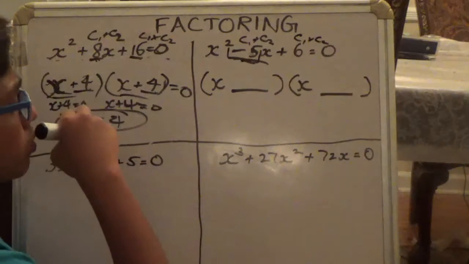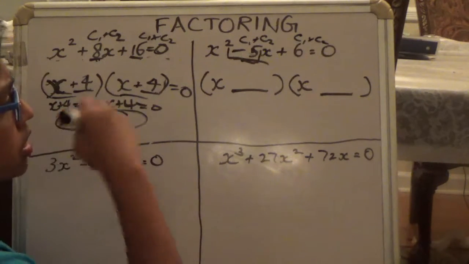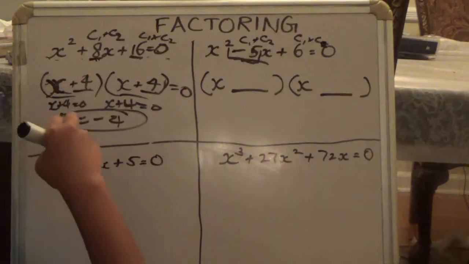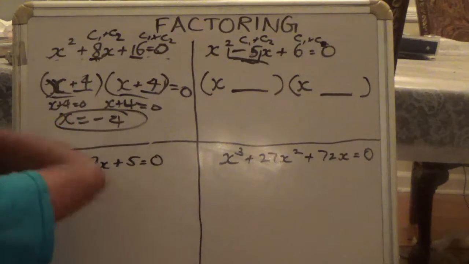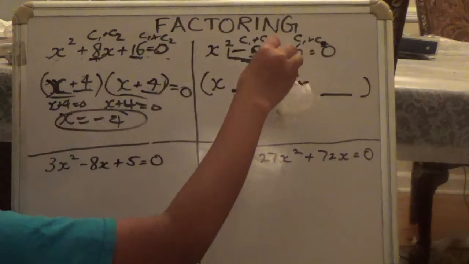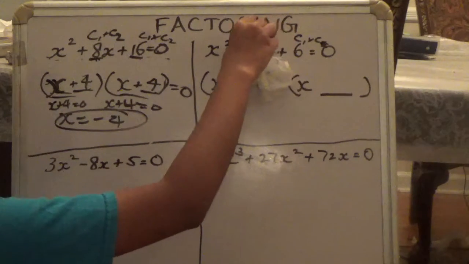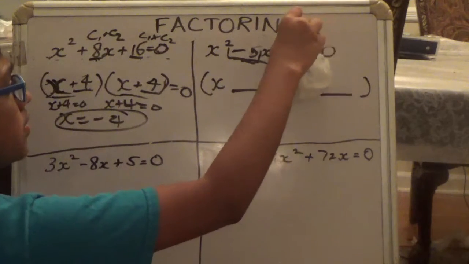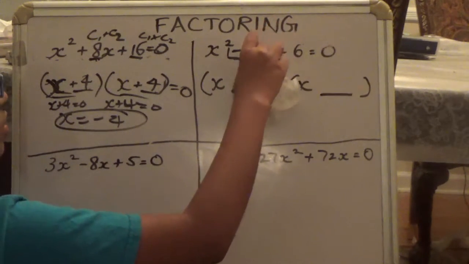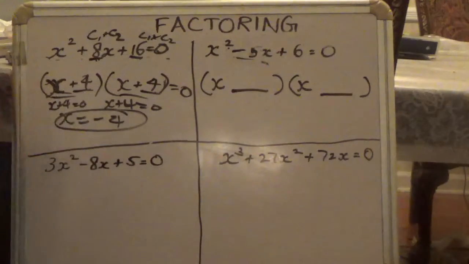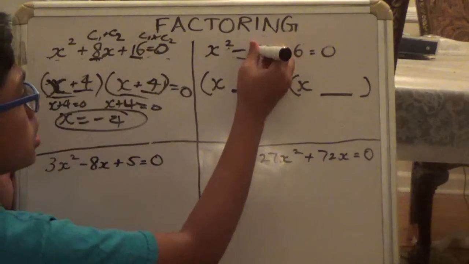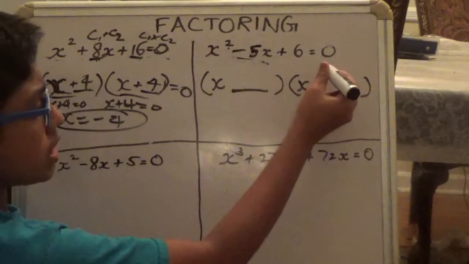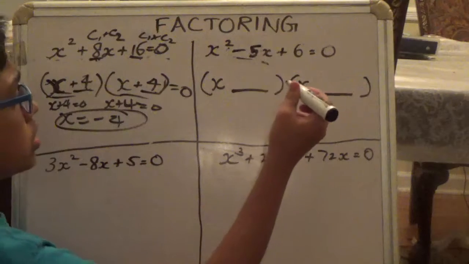So if you add the numbers, you'll get a negative, and if you multiply the numbers, you'll get a positive, right? So the two numbers both have to be negatives, because a negative plus a negative is a negative, and a negative times a negative is a positive. So that's the only way that we'll be able to factor the quadratic. So we have to list two negatives. So there has to be negative something and negative something for c1 and c2.